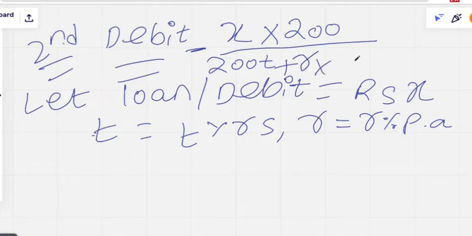Observe carefully: x is the amount from the bank, 200 by 200 into t time period, plus r rate of interest into t time period into the predecessor of your time period, predecessor in the sense of the value before. Let's see one example to get a clear idea about this topic.